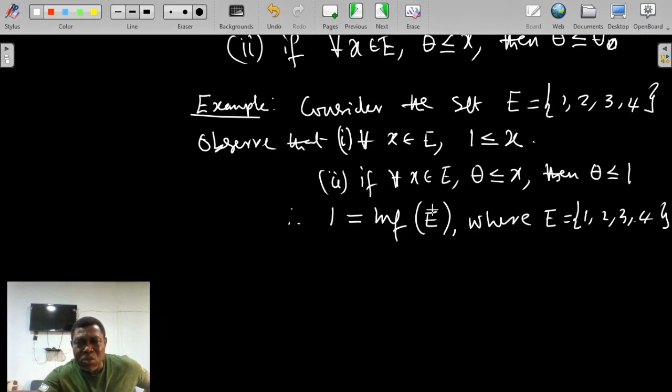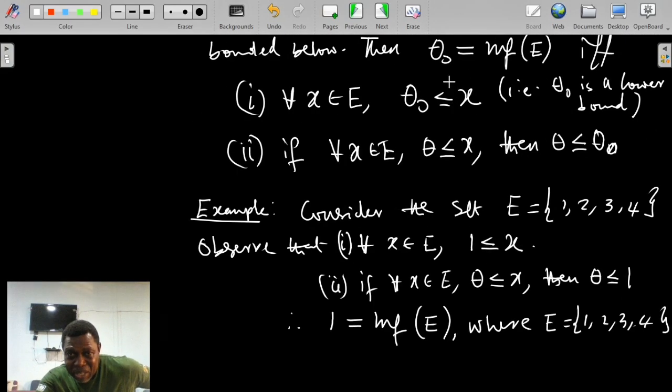So 1 is the infimum because 1 satisfies the condition of the definition we gave above.